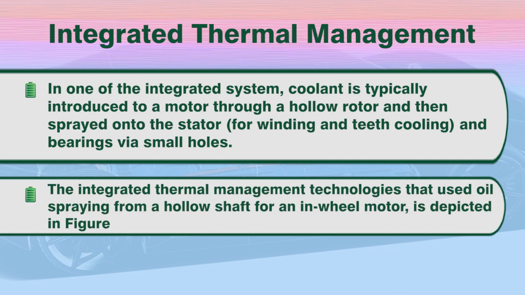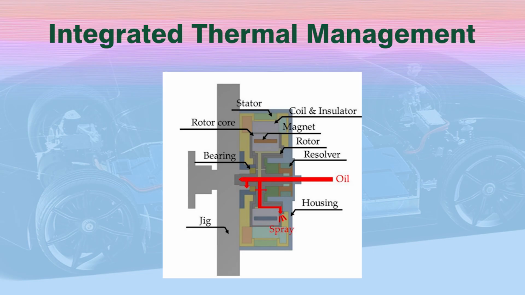And the integrated thermal management technology that used oil spraying from a hollow shaft for an in-wheel motor is shown. So, here as we can observe, the rotor core, the bearing, the jig, and we have some oil that is being sprayed into or near the bearing, and the oil which is inserted is sprayed near the housing of the motor, such that the temperature will remain within the limits.